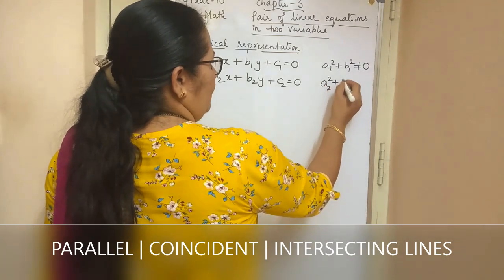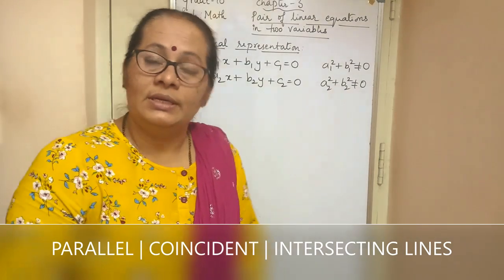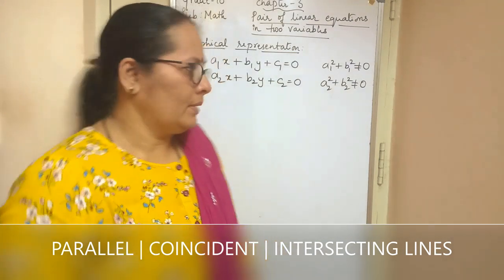Here a2 square plus b2 square is not equal to 0. This condition is very important.